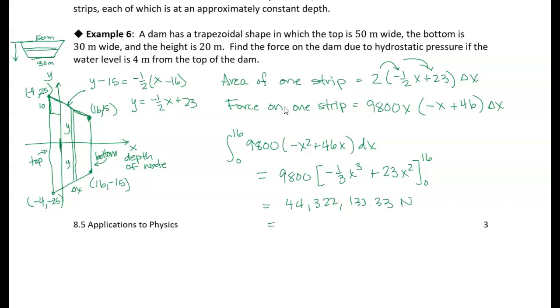Now, your calculator will probably tell you it's something more like 4.43 times 10 to the 7th newtons in scientific notation. So that's probably the better way to write that number. But that's a lot of force, right? That's a lot of force on that dam. So that pretty much takes care of all the examples in this section, and I will see you in class.